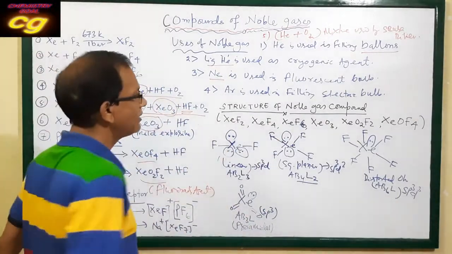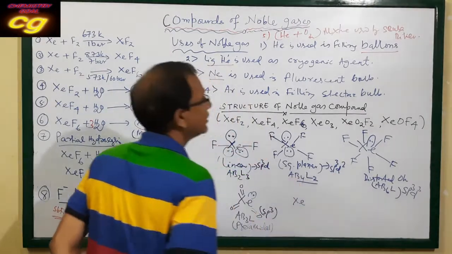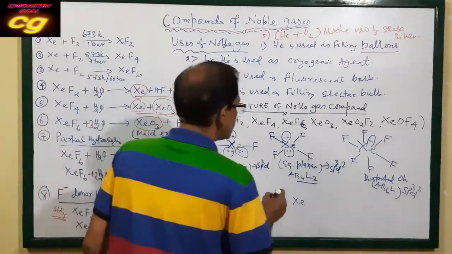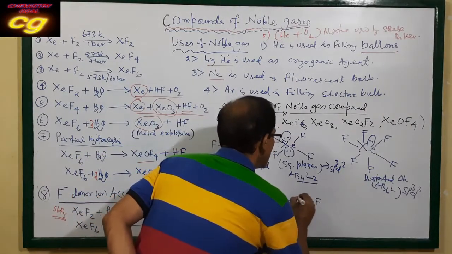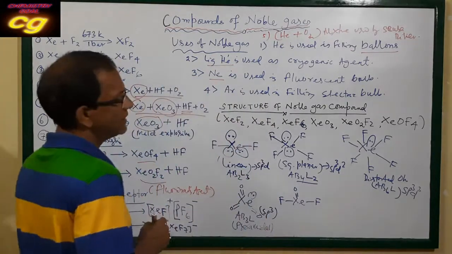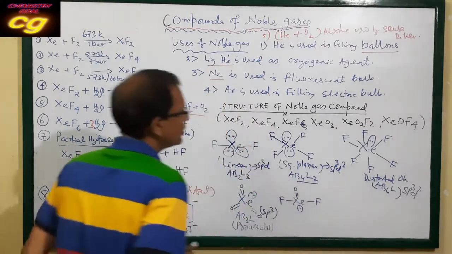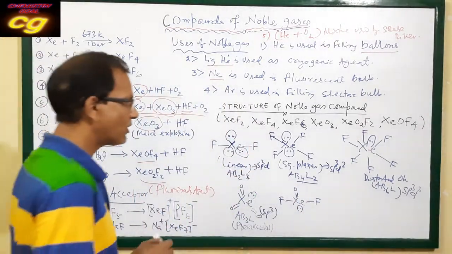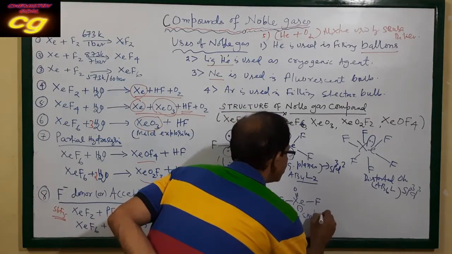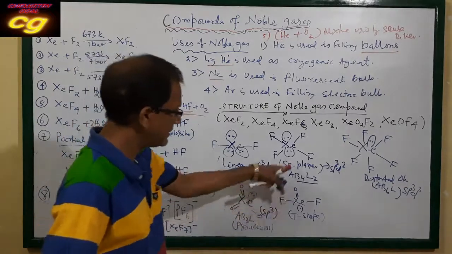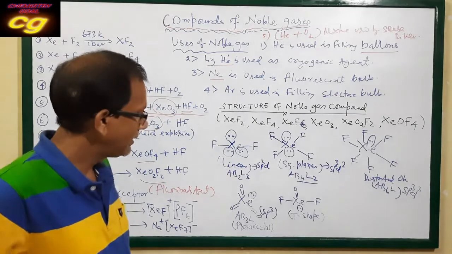Then remaining is xenon oxyfluoride. Same structure: xenon, then 2 fluorine like this, then 1 oxygen like this, then the remaining lone pair. So what type of shape is it? T shape. Just like a T shape, having lone pairs.